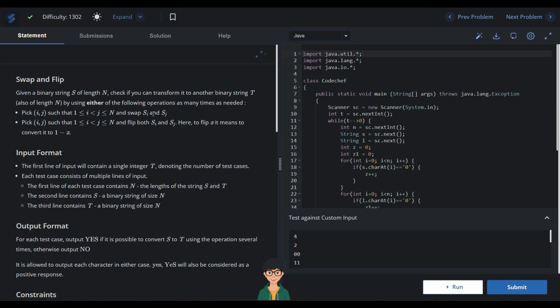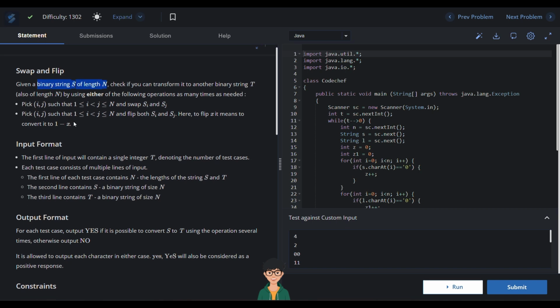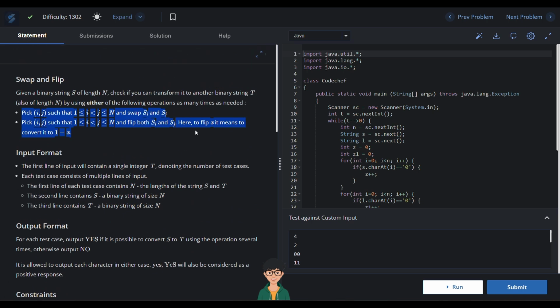Okay, so the second question was Swap and Flip. In the question you were given a binary string s of length n, and you can perform operations on the string, and you have to say yes or no, whether you can transform that string into another given string t or not.